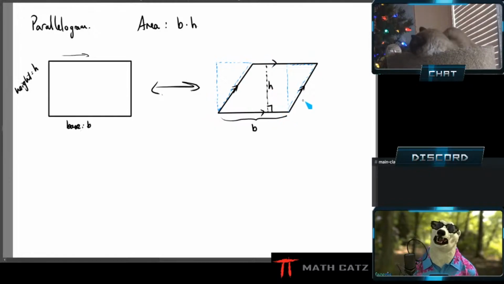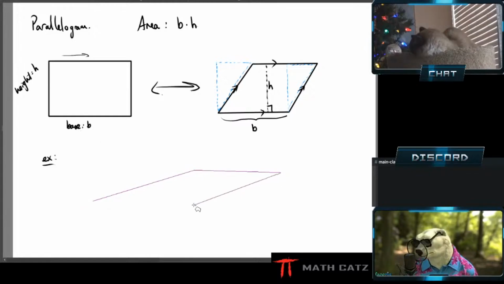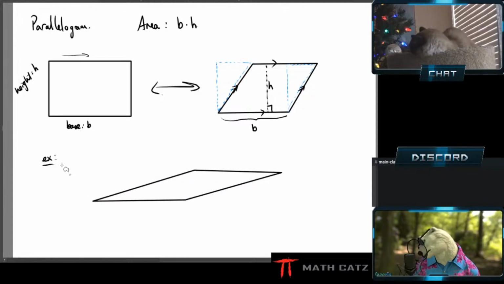Now I can pick any base and height, right? It doesn't really matter. I can have a more extreme example, like let's say it's a really angled one here. Maybe something like that. I'll emphasize that it is supposed to be parallel, the opposite sides. Then let's suppose this is my base here, whatever that length is.